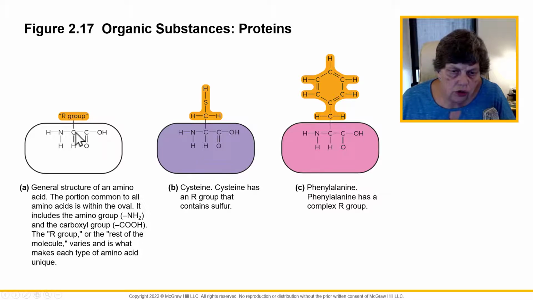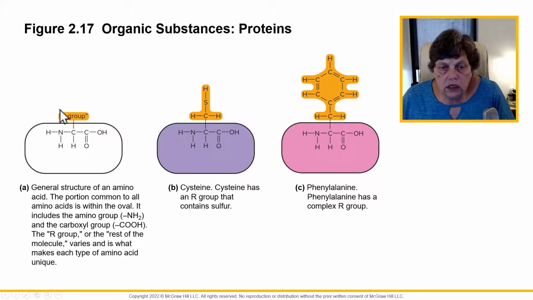You have these carbons, you have this carboxyl group on one side, or hydroxyl group, and you have this amine group on the other side of the central carbon. And then this piece right here is what we call the R group. And it is the R group that changes the name of the amino acid.